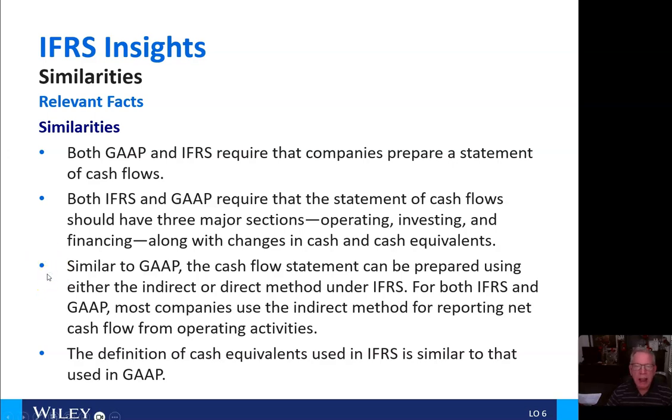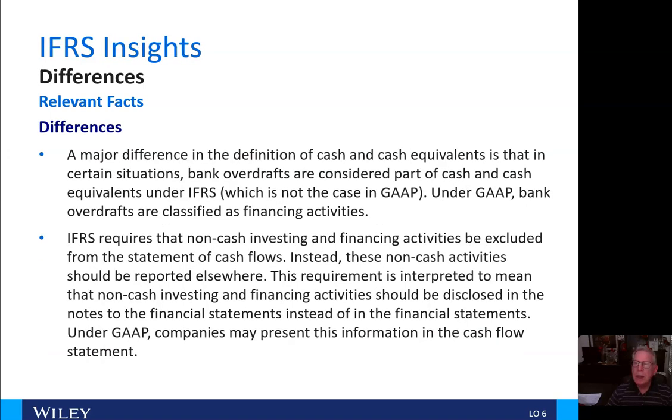Similar to GAAP, the cash flow statement can be prepared using either the indirect or direct method under IFRS. For both IFRS and GAAP, most companies use the indirect method for reporting net cash flow from operating activities, and the definition of cash equivalents used in IFRS is similar to that used in GAAP.